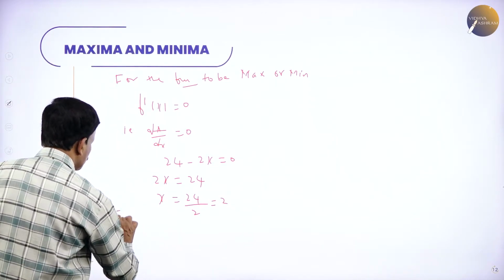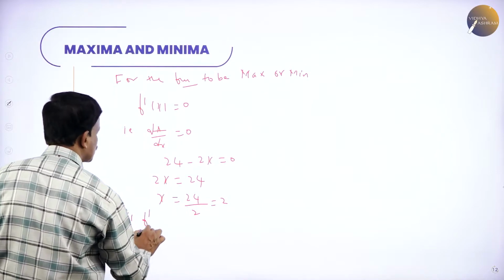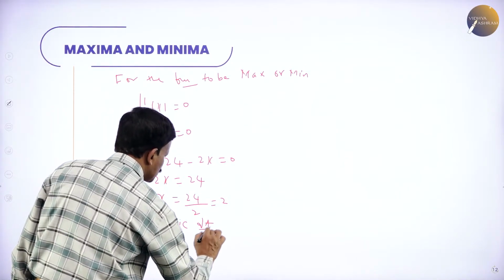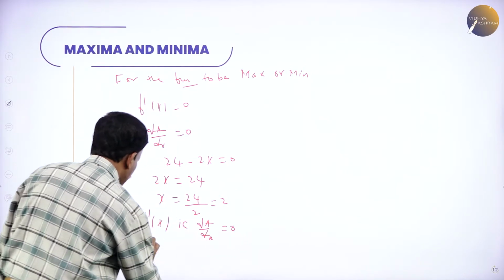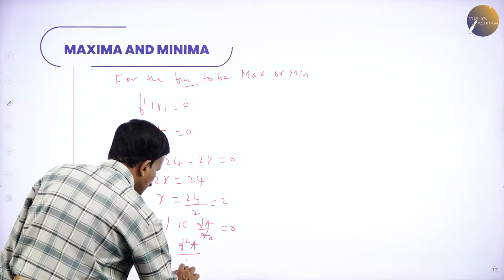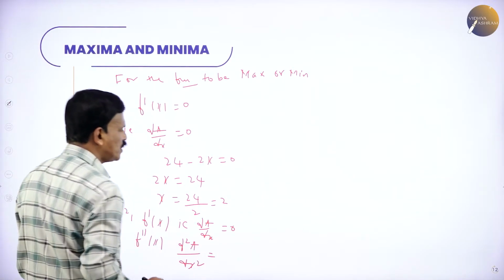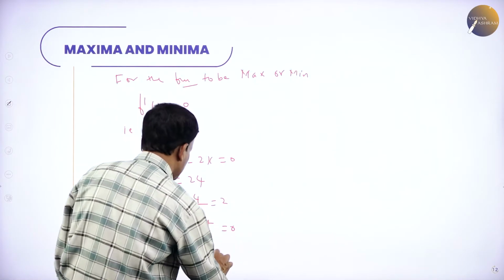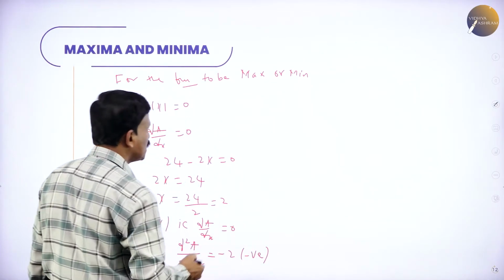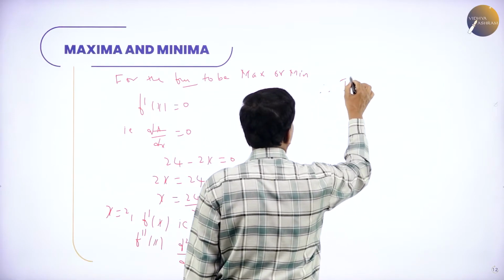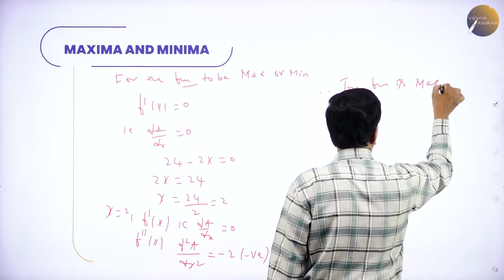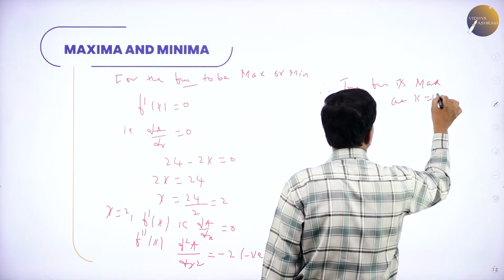When x is equal to 12, f dash of x, that is dA by dx, is equal to 0, and f double dash x, that is d square A by dx square, is negative. Therefore, the function is maximum at x is equal to 12.